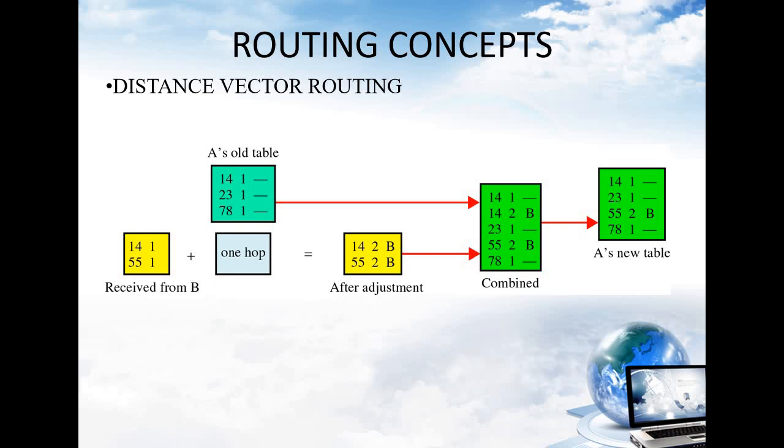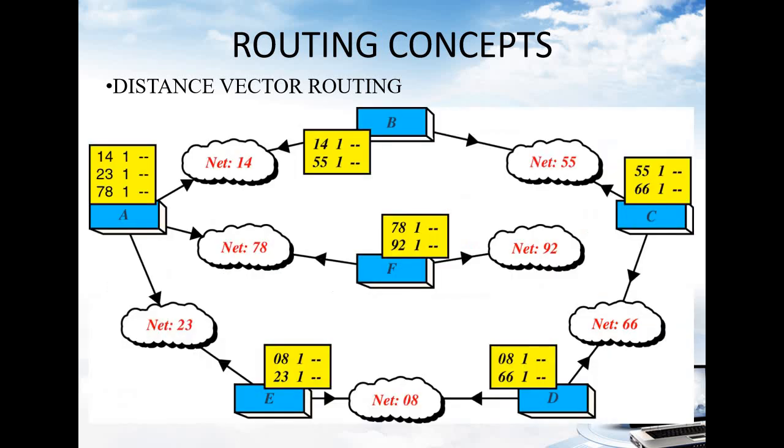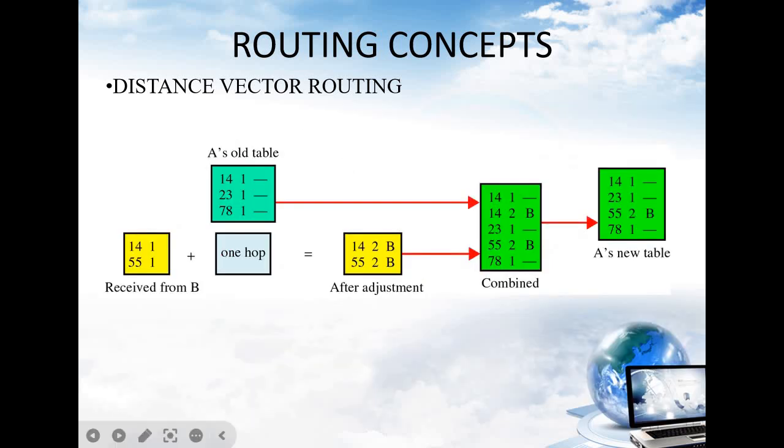Okay, now the process is going on. Now A received from B. So its network is 14, 55 and the hop count is 1. And A's whole table has networks 14, 23, 78.